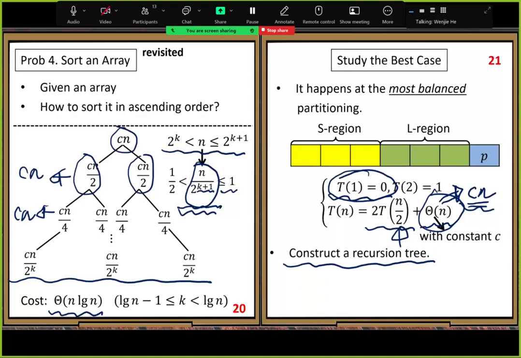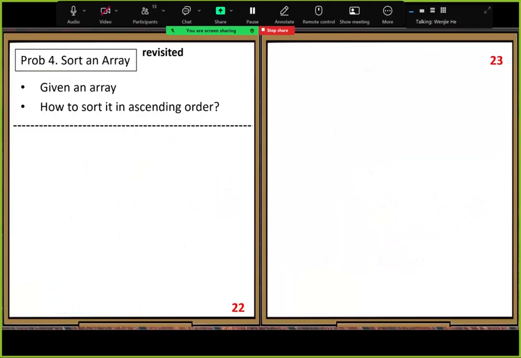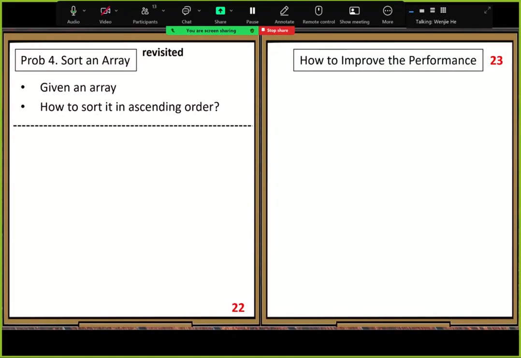So the next topic. Oh, I still have something: improving the performance. Let me talk about that. In real world applications, you can think about the two extreme cases: ascending order and descending order data.